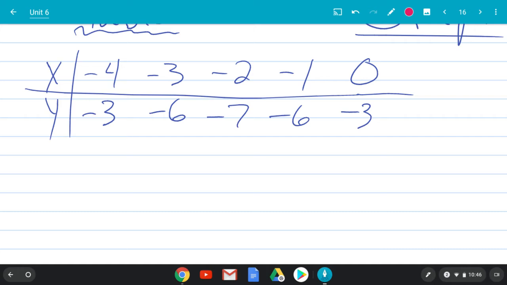Is this a linear function? JC says yes. Not is it a function. All right, let's go back to chapter 1. Is it a function? Yeah. Definitely a function. Why? What's a function? One input, one output. They all have one input, one output. Good. It is a function, chapter 1.